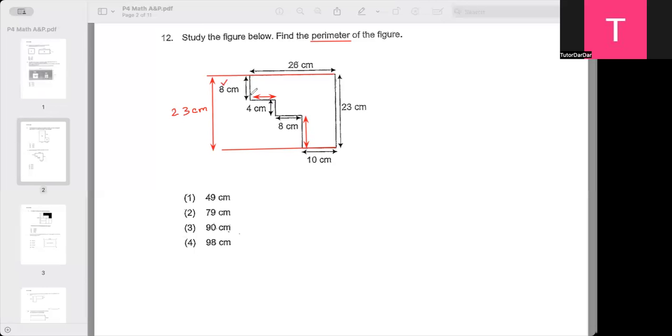We know we have 8 cm here. We also know we have 4 cm here. What we don't know is this. So how to figure out this one? 8 plus 4, you get 12. So to figure out this length, what you do is 23 minus 12. So what do you have? 23 minus 12, you will have 11. So this is 11 cm.